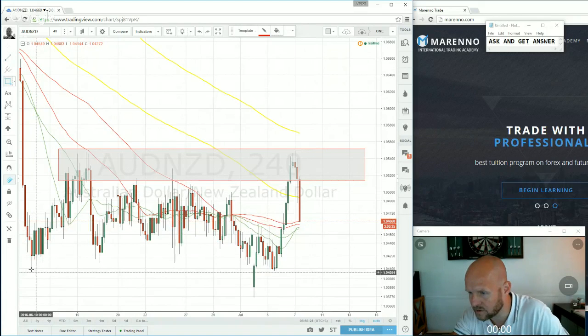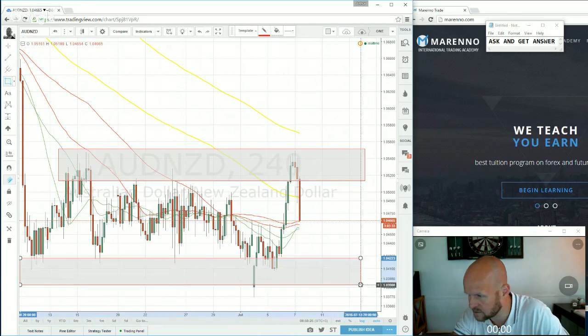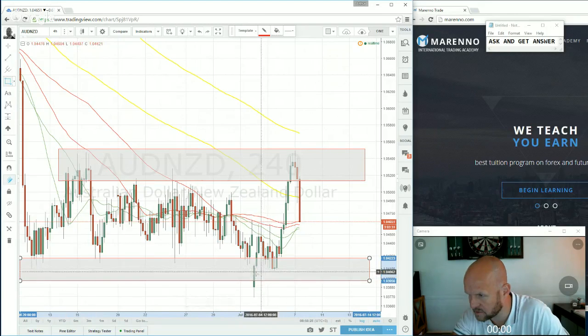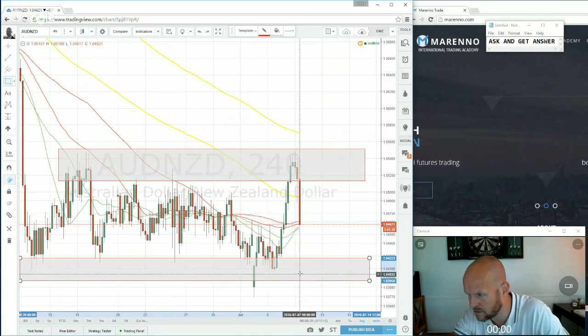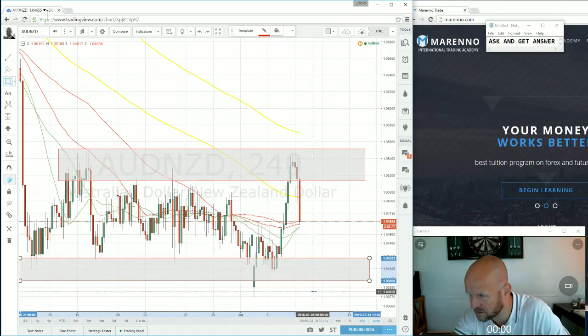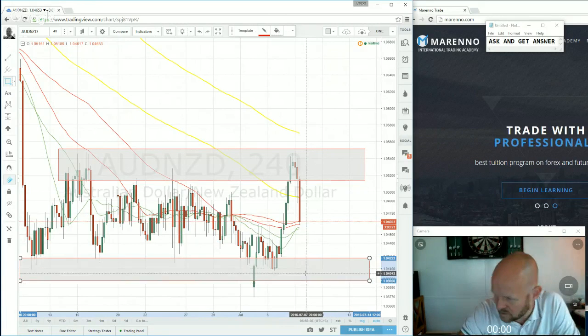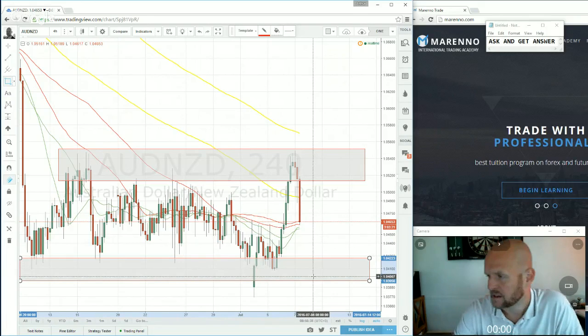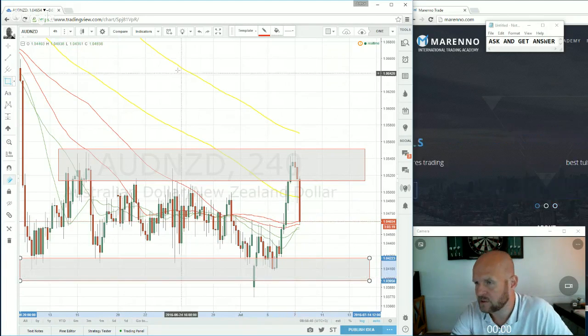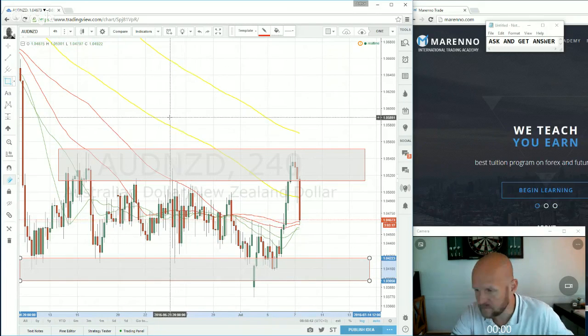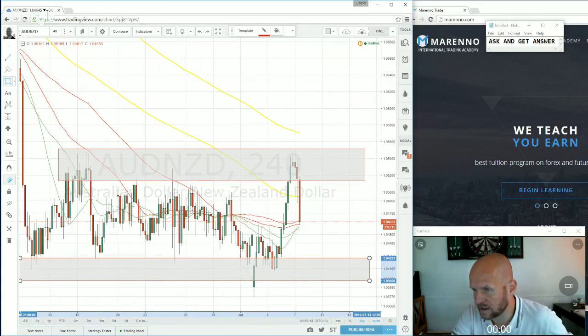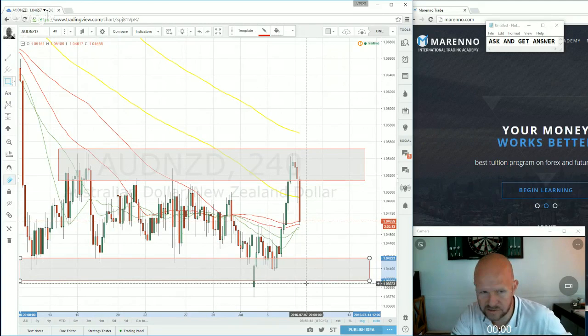Let me draw another rectangle. Another potential reversal pattern here, but I guess the possibility of breaking through this level is quite high, to be honest. So again, let's wait till this level is reached, and then we'll see what is going to happen. I don't really like to trade breakouts on the crosses, so it's better to trade bounces.